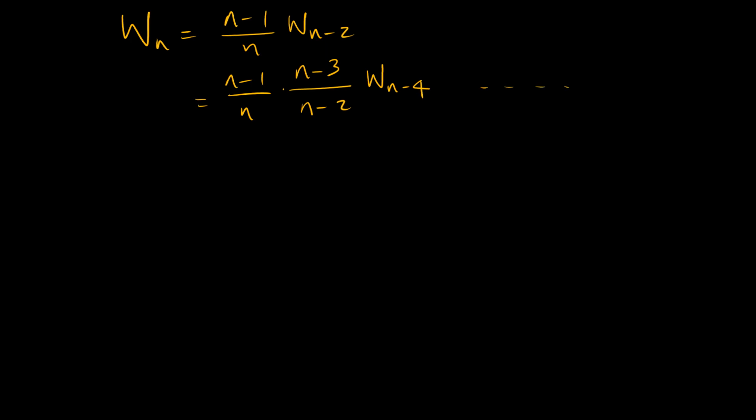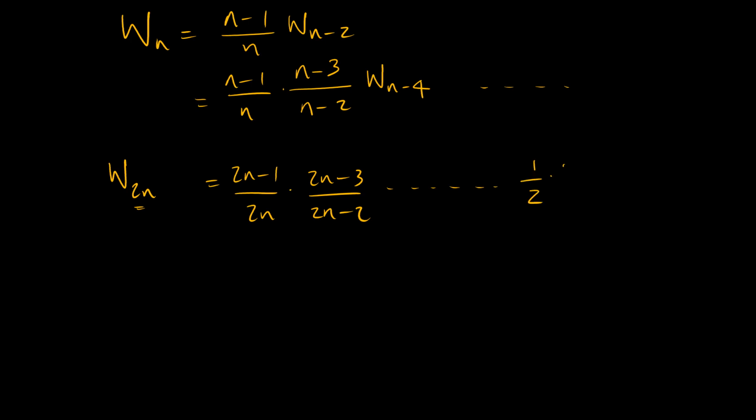So effectively what this tells us is that if we had something that is even, we'll have 2n minus 1 over 2n, times 2n minus 3 over 2n minus 2, all the way up to 1 over 2, W of 0.